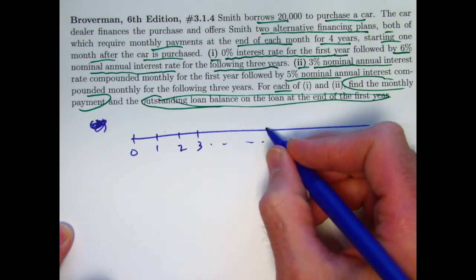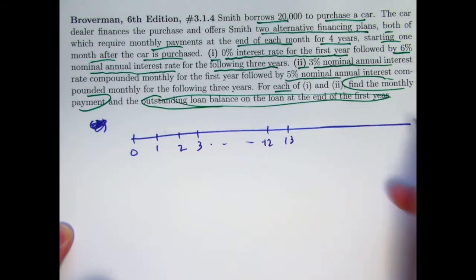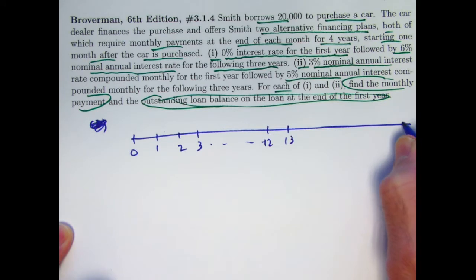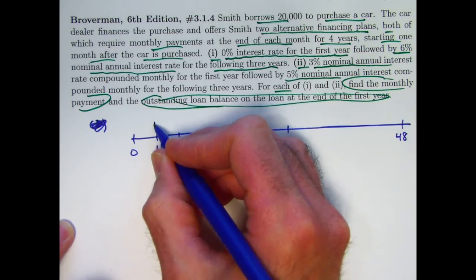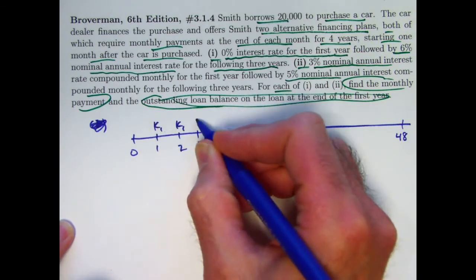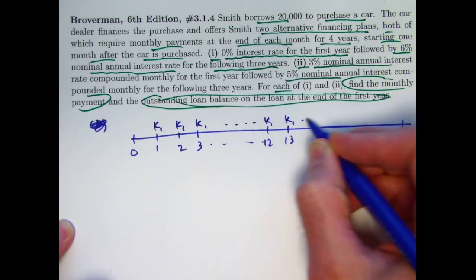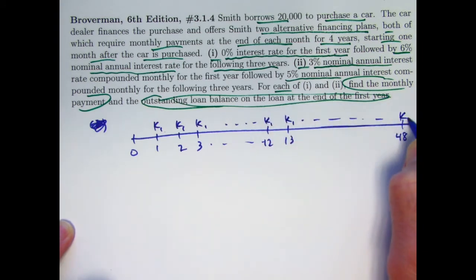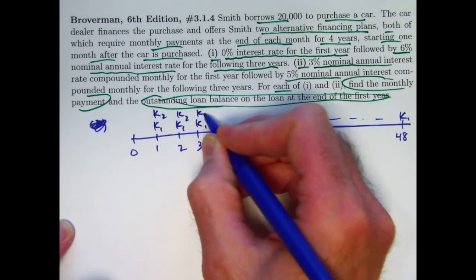It might be good to mark a 12 and a 13 on here as well, because that's when the interest rate changes. 4 years is 48 months. The payments for option 1, let's call those K1. These are level payments for the entire 48 months in both situations. And for option 2, we'll call the level payments K2.